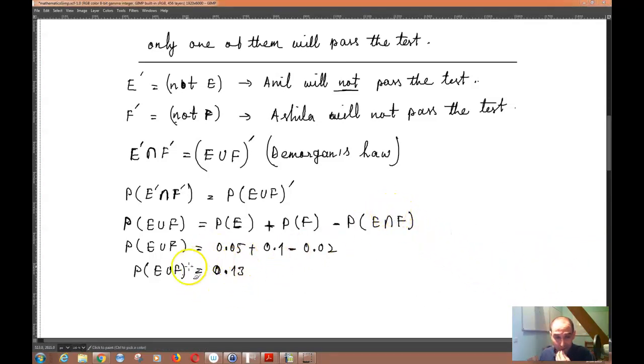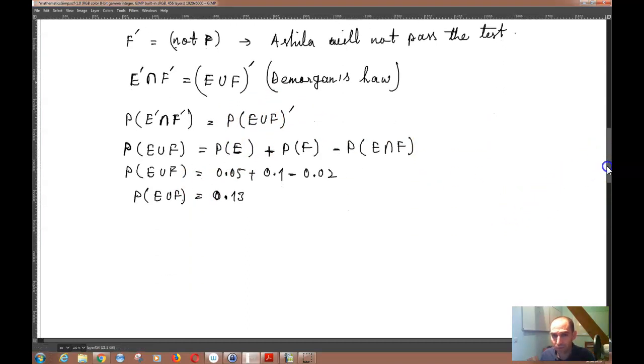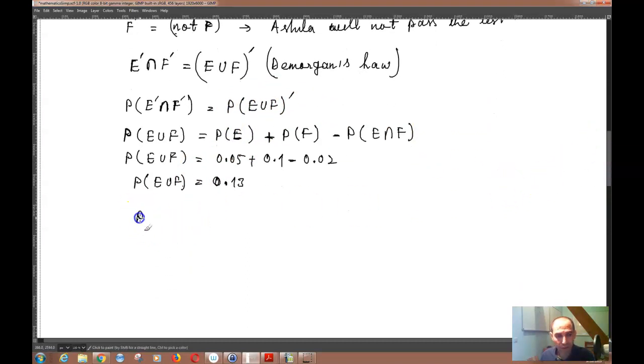And then based on that, of course, you can calculate P of E union F whole prime. We wanted to calculate the probability of E union F whole prime, and you know that P of A plus P of A prime is equal to 1.